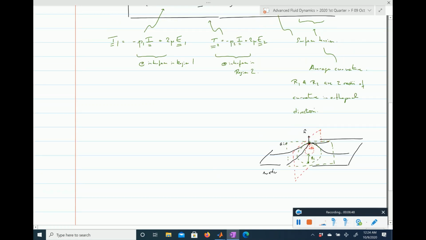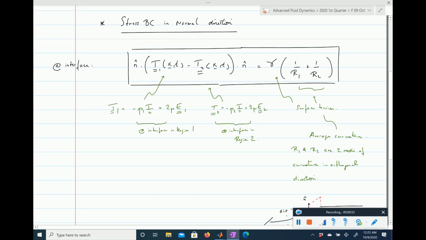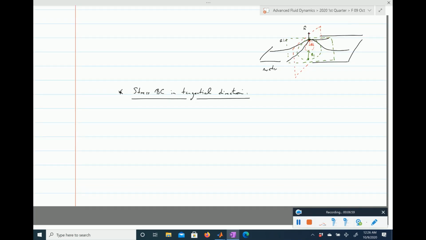All right, so this is the stress boundary condition in the normal direction, and then you also have a stress boundary condition in the tangential direction. And this one we can write as the following. Again, we have the stress vector in region 1 minus the stress vector in region 2, and this difference between the two stress vectors we project onto the tangential direction.